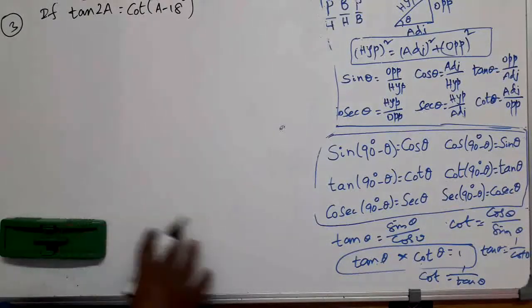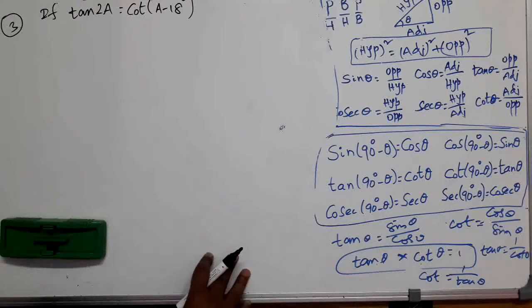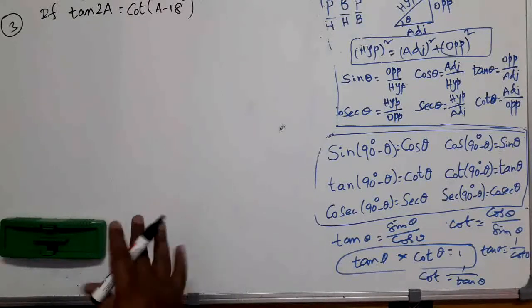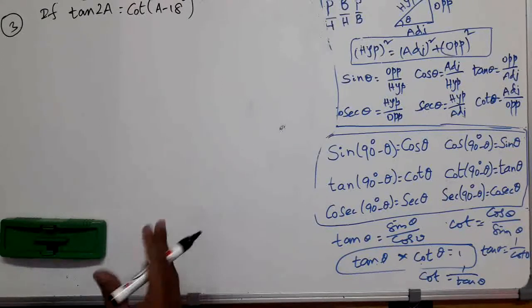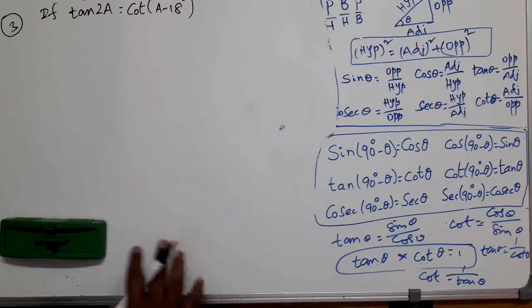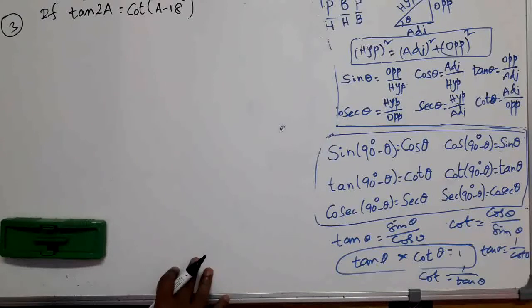11.2 we saw a question: if cos A is equal to cos X, show that A is equal to X, where A and X are acute angles. In examples before that exercise, there was a question: if sin A is equal to sin B, angle A is equal to angle B, where A and B are acute angles.